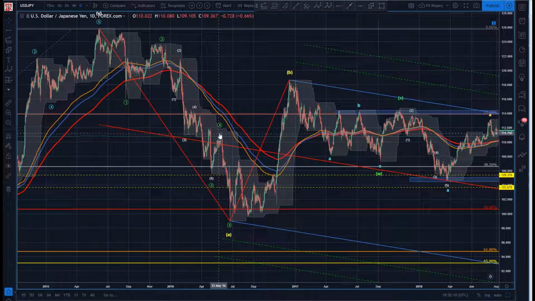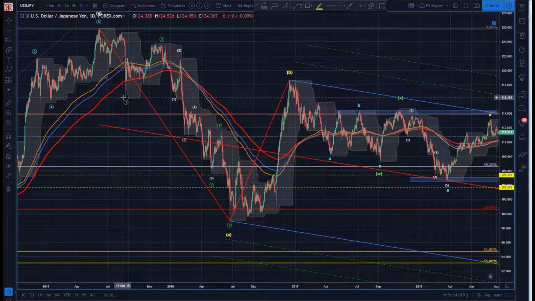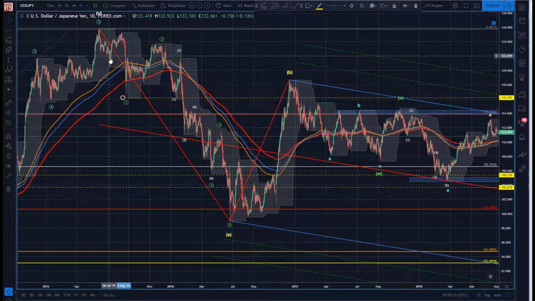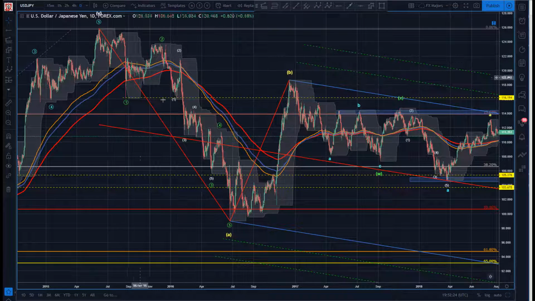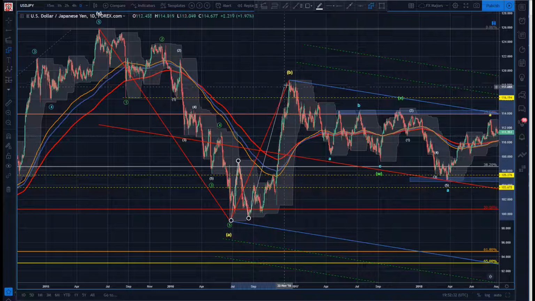Can you get the ABC here? This being the 1, I don't think you can make a case for this to be some sort of a 3, 4. The symmetry would just be way off. So I think you've got to go with what seems most likely here in terms of that subdivision. So with that impulse being done, we'd have to go into, so this would be a 3, 3, 5.